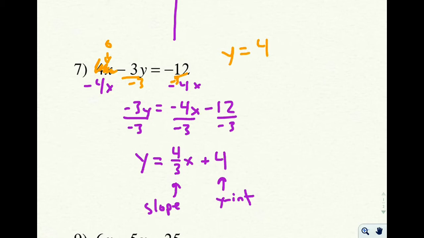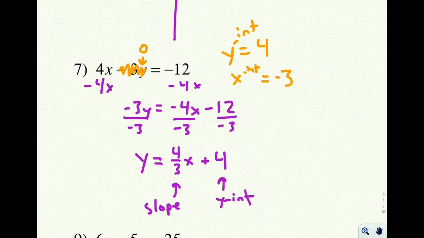That y is really the y-intercept. I can do the same thing with my plugging in a 0 for y. So if I plug in a 0 for y, this term will go away, and I get 4x equals -12. Divide both sides by 4, and my x-intercept is -12 divided by 4, which is -3.